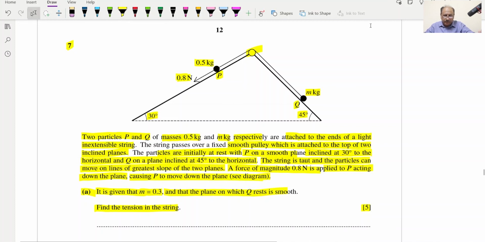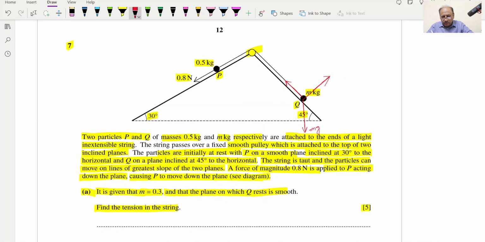First we have to find the tension. For this we can first of all draw the force diagram. The tension in this string will be upward like this one, and there will be a reaction force which is like this one, so this will be the force of reaction, and there will be weight acting downward, which will be mg.